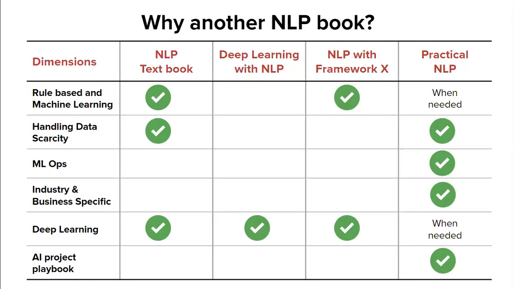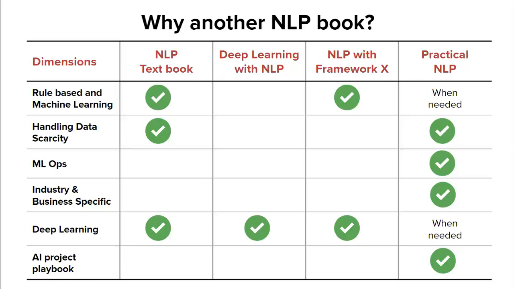We talk about the differences in terms of different aspects. For example, if you take stuff like doing ML ops, like talking about actual deployment of the software, maintaining the system, or talking about industry and business specific aspects of building NLP systems, or talking about an entire AI project lifecycle, we believe that none of the existing books cover those aspects.